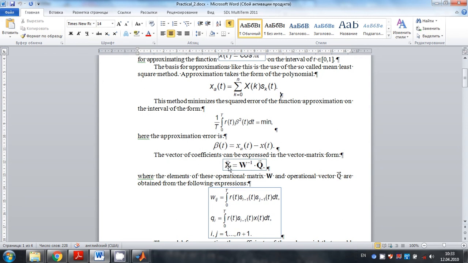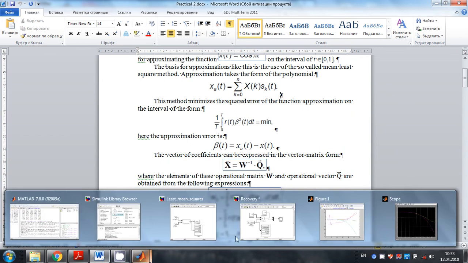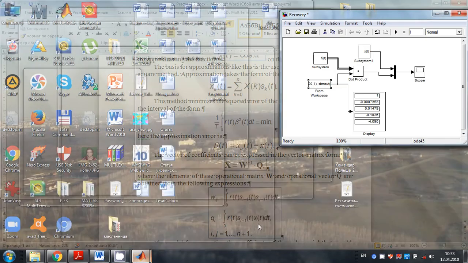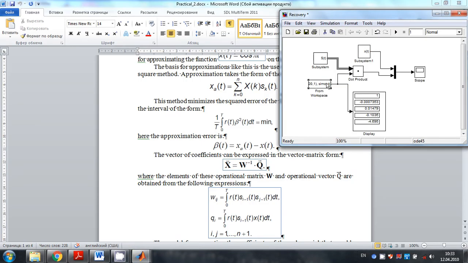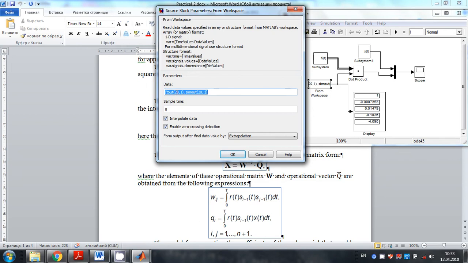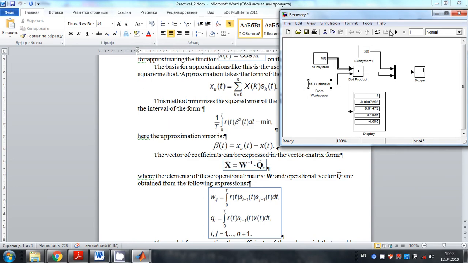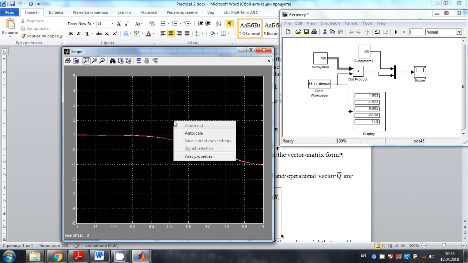So we put it back. We put the 55th element here. We run the simulation. We look at the scope, and we see that there's a good fit of the recovered signal and the actual signal.